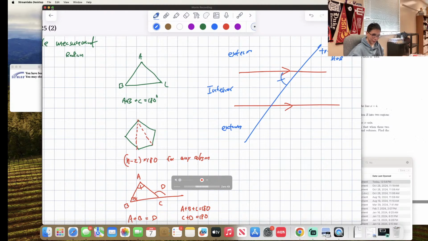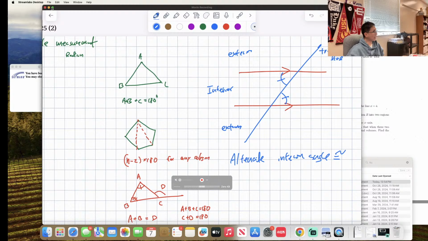This angle here and this angle are known as alternating, because they are on opposite sides of the transversal line. So it's called alternate interior angles, and they are congruent. Do you guys remember this? You guys are supposed to know this. Okay, is that okay? Alternate interior angles are congruent.